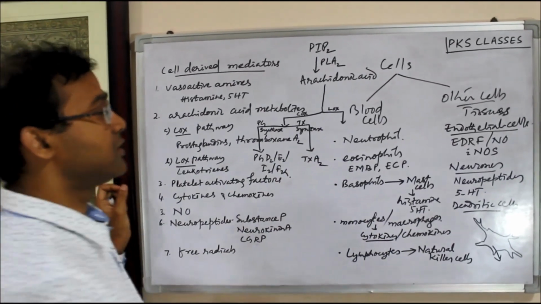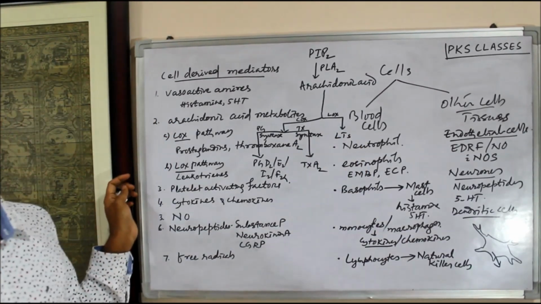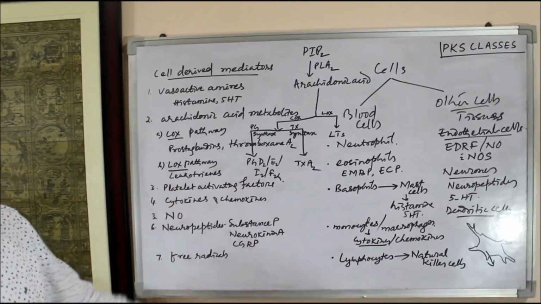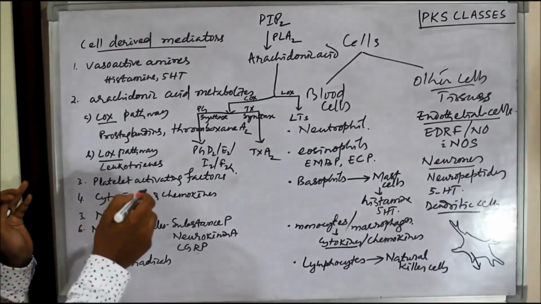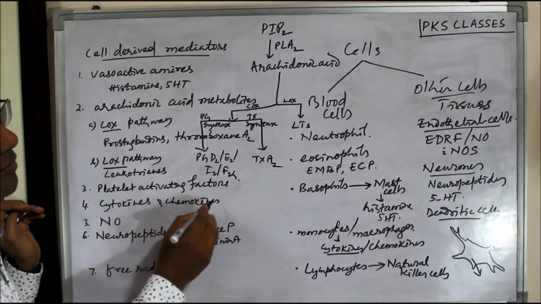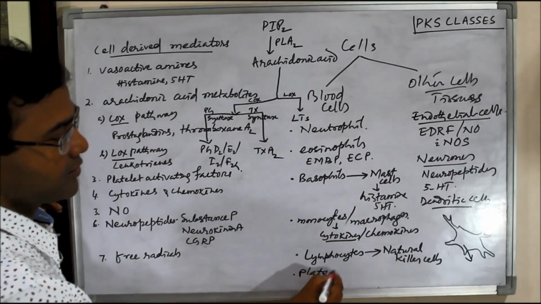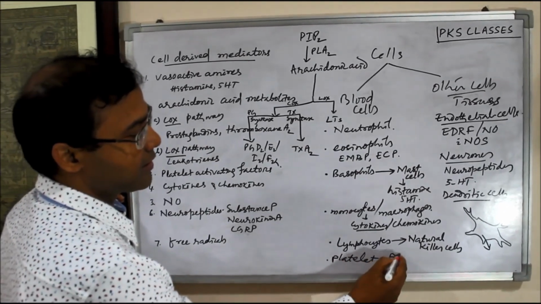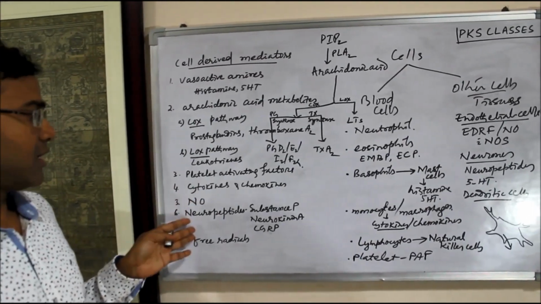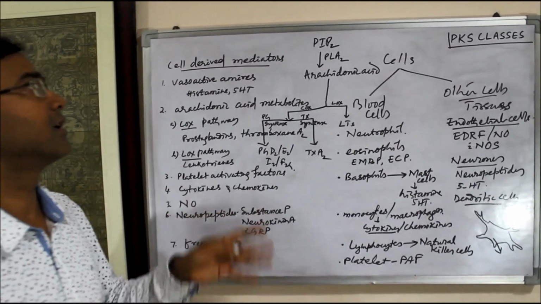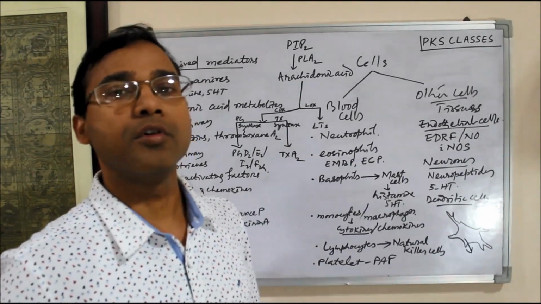And the lipoxygenase pathway produces the leukotrienes, leukotriene A, B, C, D, E. And there can be platelet activating factor released from the platelets. Also cytokines, chemokines, nitric oxide, neuropeptides, and the free radicals can be called cell derived mediators. So this is all about inflammation.